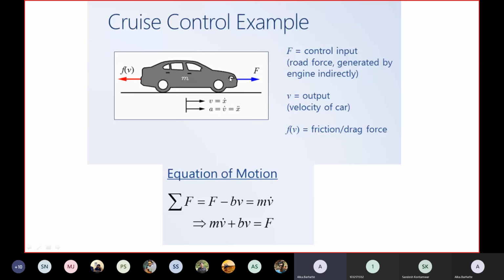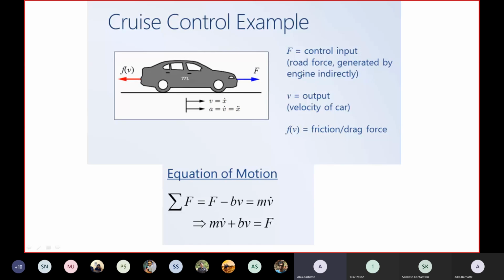Okay, so to move your vehicle there has to be some force generated. Okay, so we are considering that force, which is in the direction of the movement of your vehicle. Okay, so the total force which is responsible to move your object is always the actual force that has been generated by the engine, minus the frictional forces or the frictional losses that are occurring.